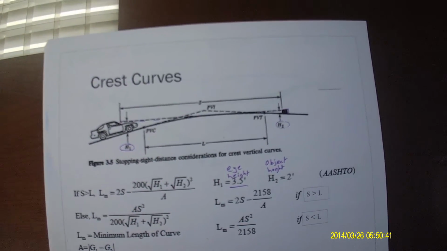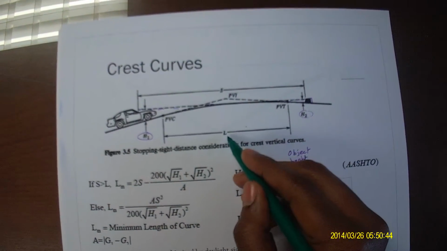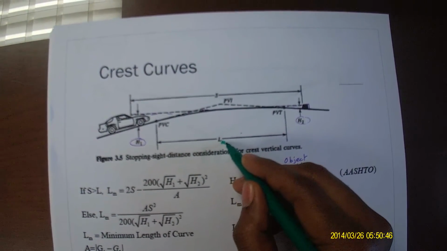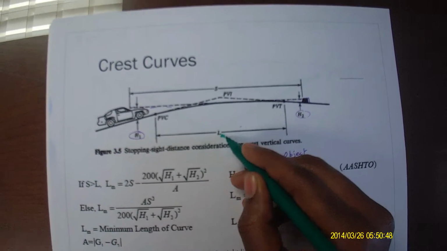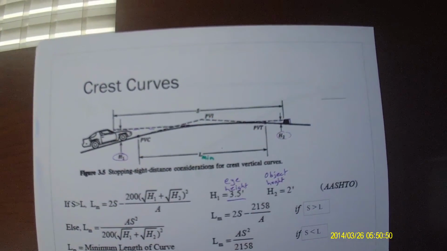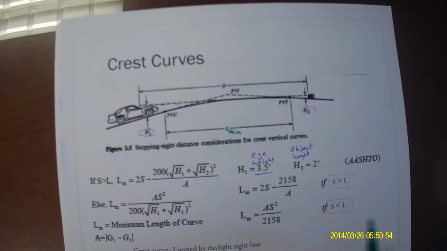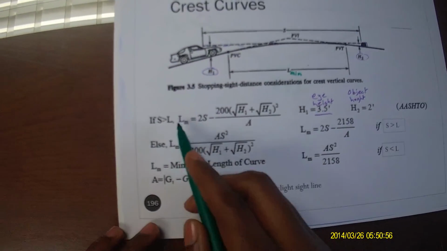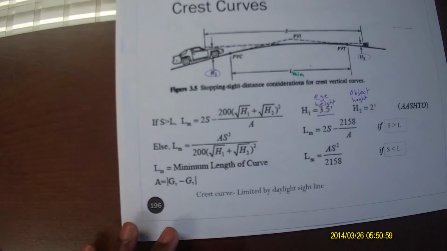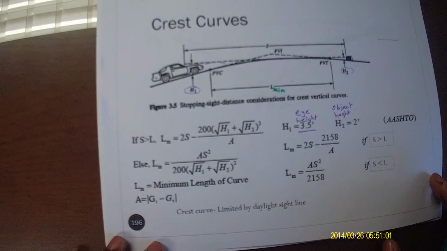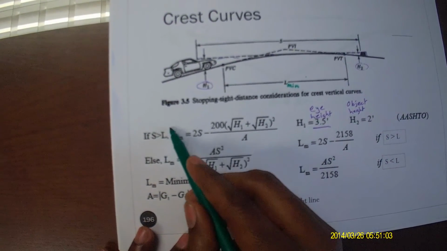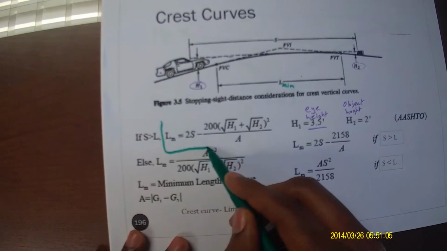What is the length? Well, the length, this right here, what we're referring to as L min, or you can also look at it as the minimum length required for a certain stopping sight distance, is equal to these two equations down here. Well, here's how this works. This is the L-min equation. This is one of them.